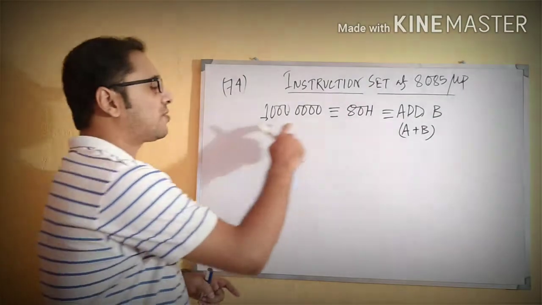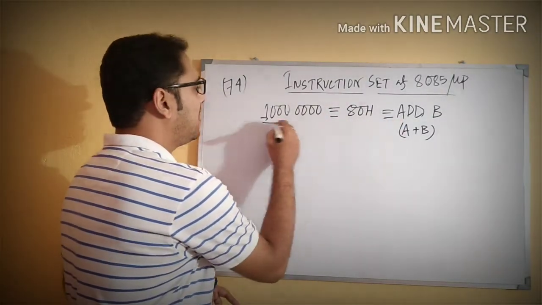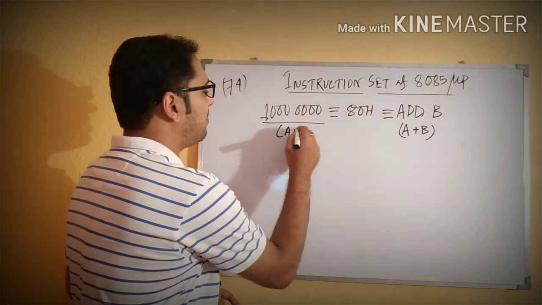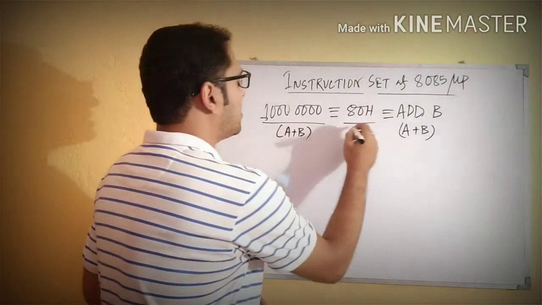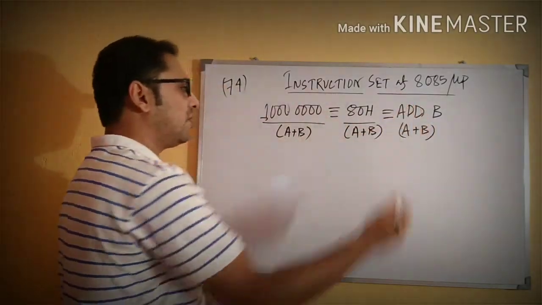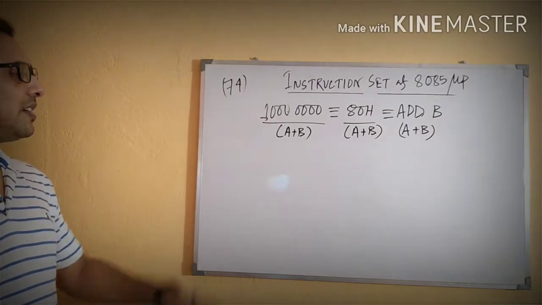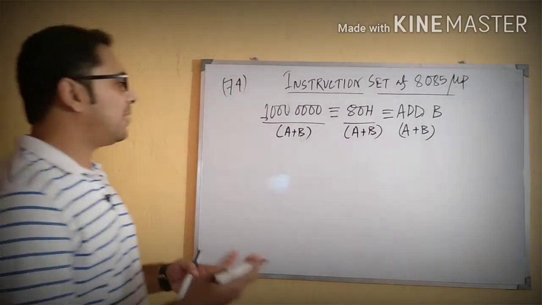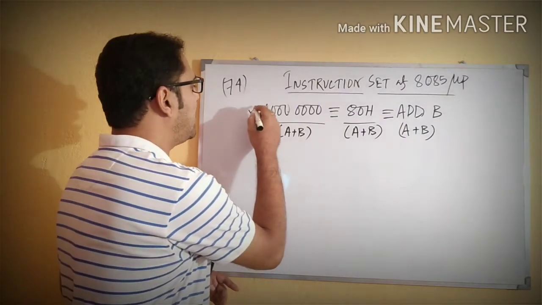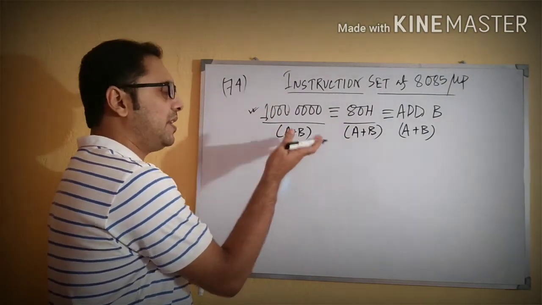So all of these three can perform the same task, that is A plus B. This binary pattern can perform A plus B. This hexadecimal code also performs A plus B. This is also ADD B, which can perform A plus B. So what are their basic differences? The developer has selected this particular bit pattern to perform this particular task, that is addition of A plus B.